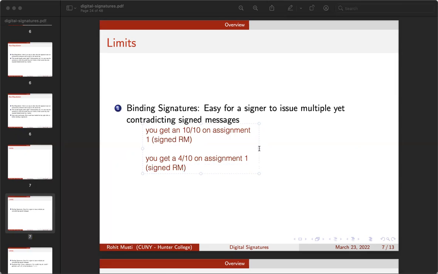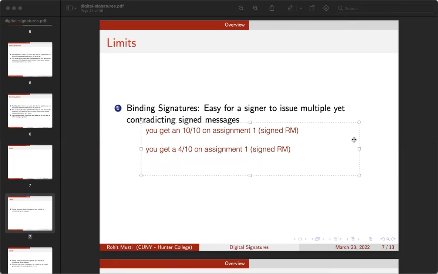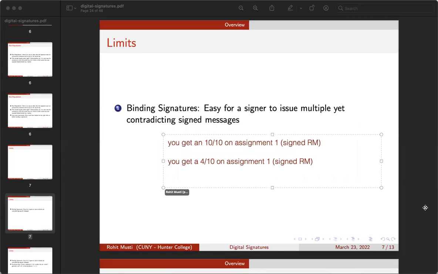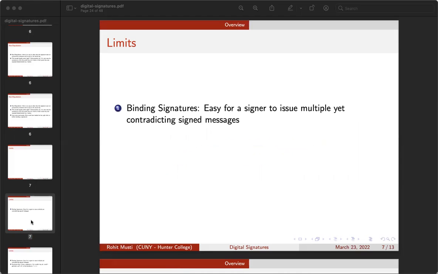It's true that I signed both of these messages. Like that much is very obvious. But which message do you trust, right? That's kind of sketchy. So this is definitely a bit of a problem with digital signatures. And we'll talk more about that later.